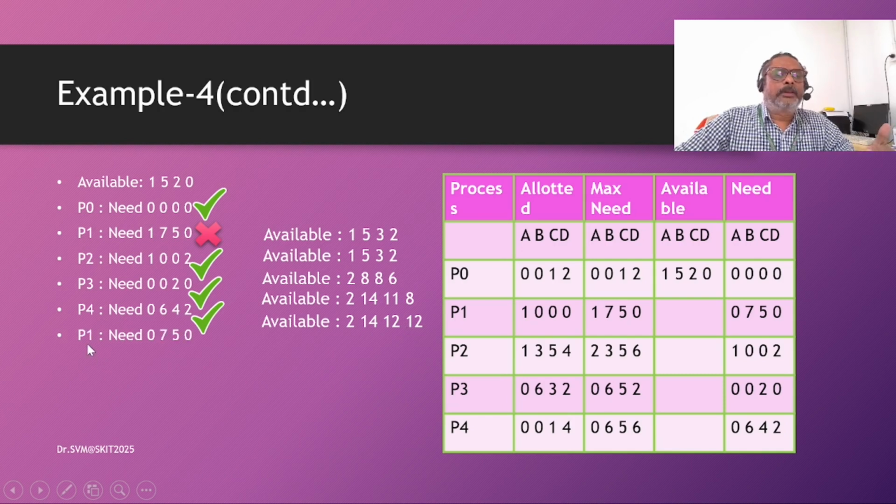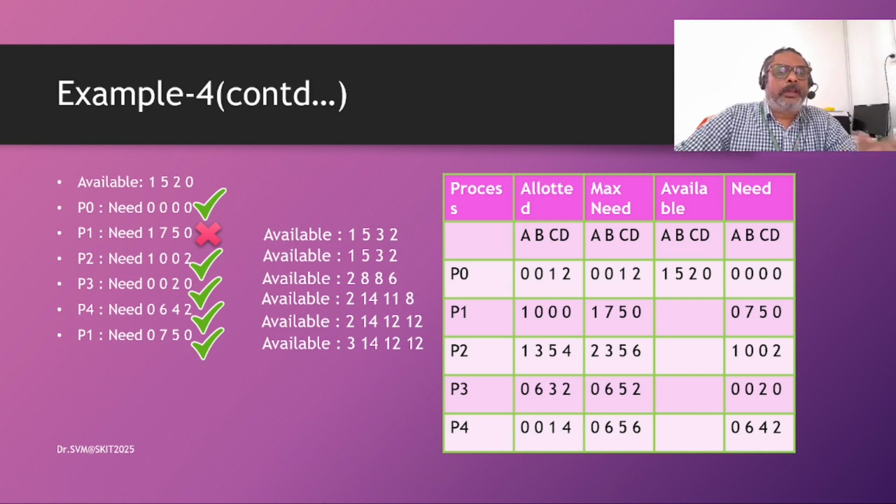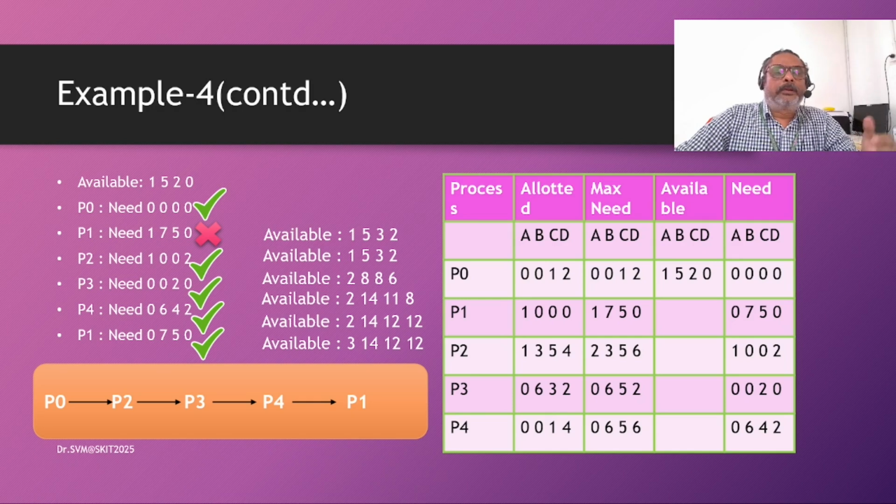Therefore now we can take up P1 0750, and that will allow the process P1 to have all the resources, and hence it will continue its execution, and once it is executed, all the resources are made available and they are free now. So what has happened? The sequence of execution: first P0 is executed, then P2, then P3, then P4, and finally P1 gets executed.